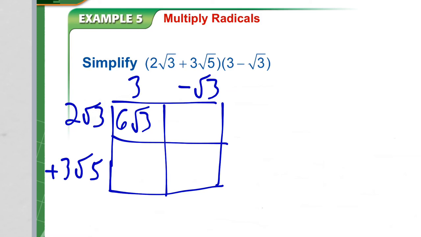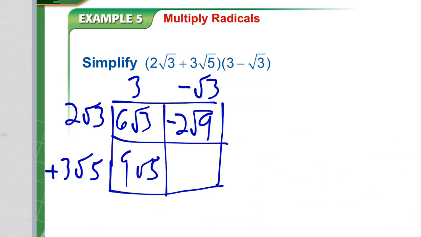So it does not affect that 2. What does is this minus sign, so negative 1 times 2 would be negative 2, and then square root of 9. Then we have the 3 up here multiplied to the 3 square root of 5 here. So that would give us a 9 square root of 5.